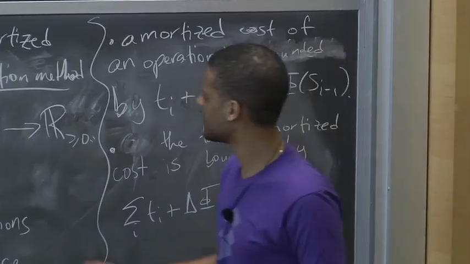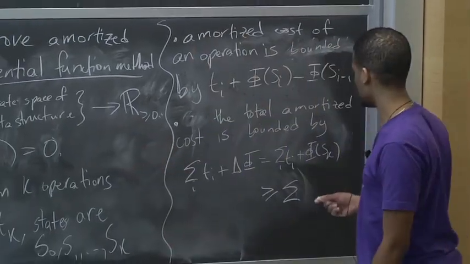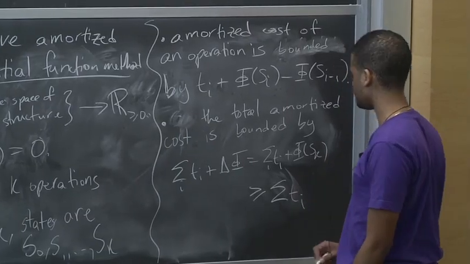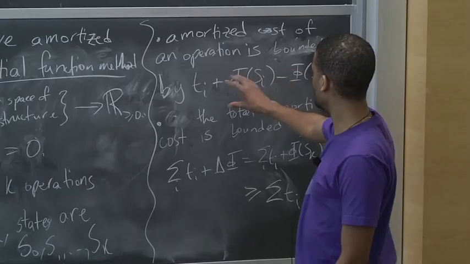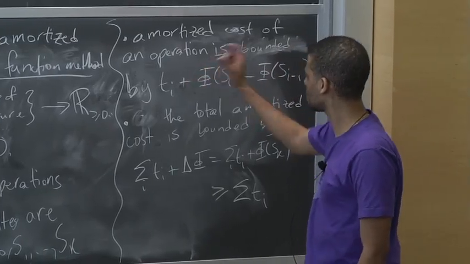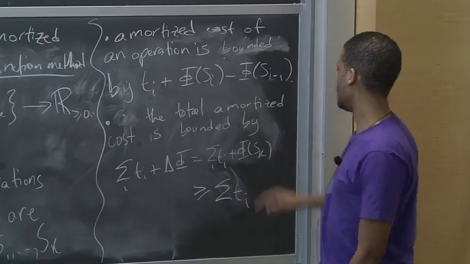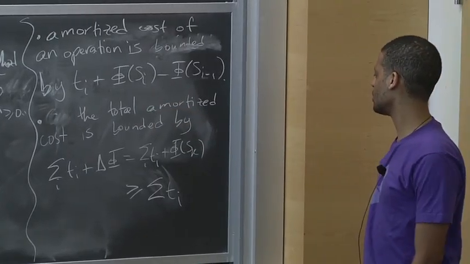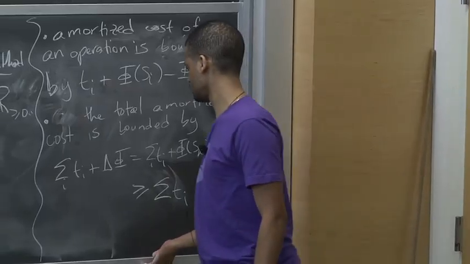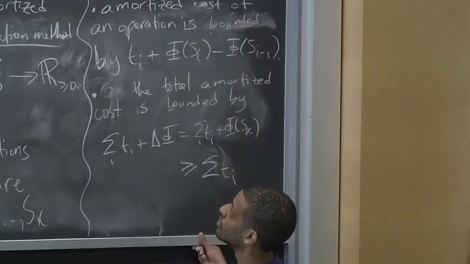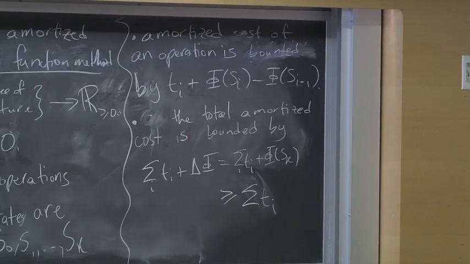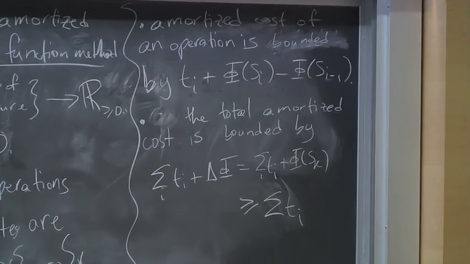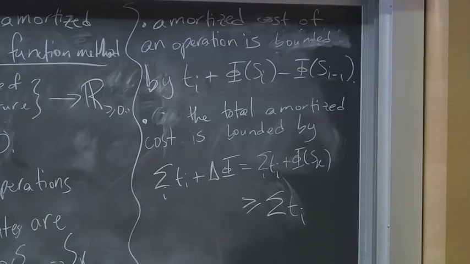Remember that phi maps into positive numbers, so this is at least the actual cost. So definitely, if we bound the cost per operation as this thing, that will give us a correct upper bound on the actual cost.